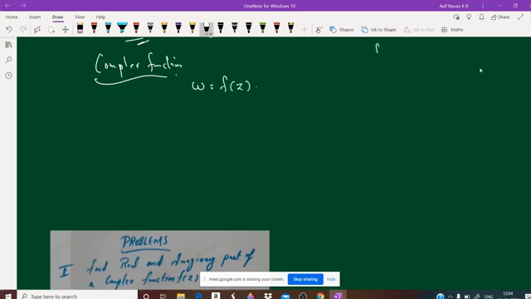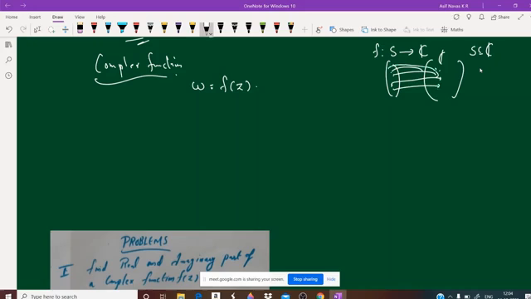This is a function f from some set S to C, where S is a subset of complex numbers. So this is a function defined from a complex subset to complex numbers. For any point here we have a corresponding unique image.